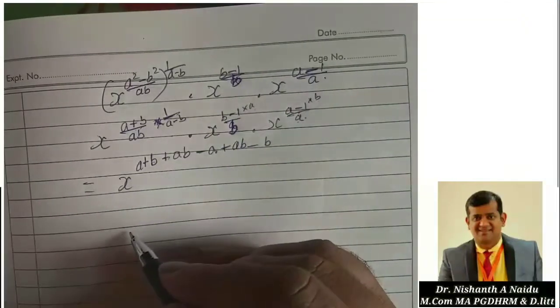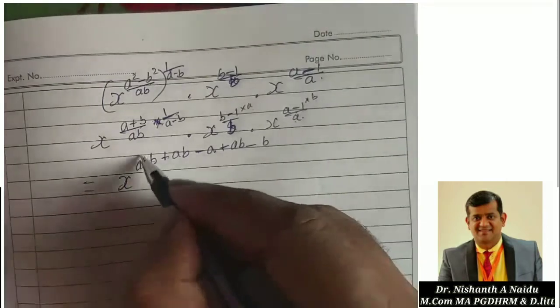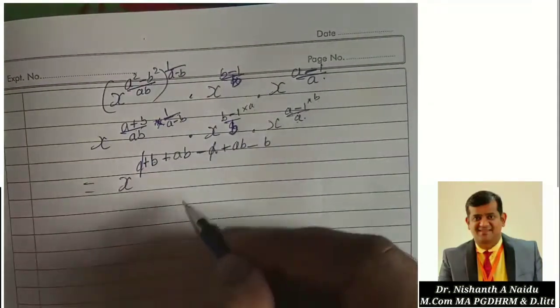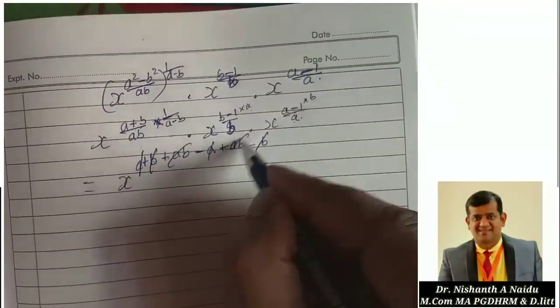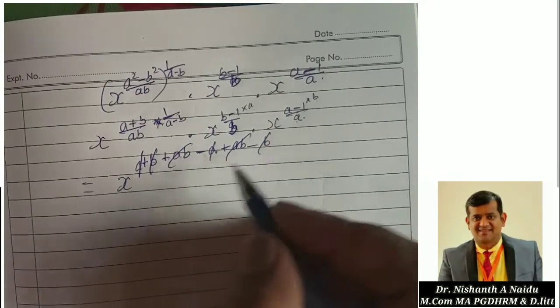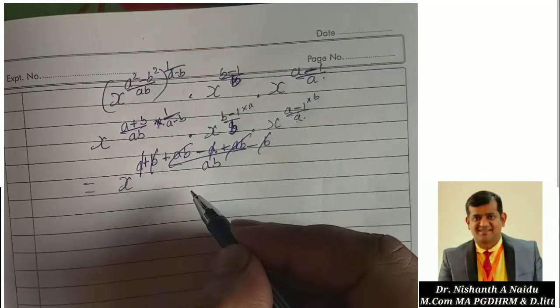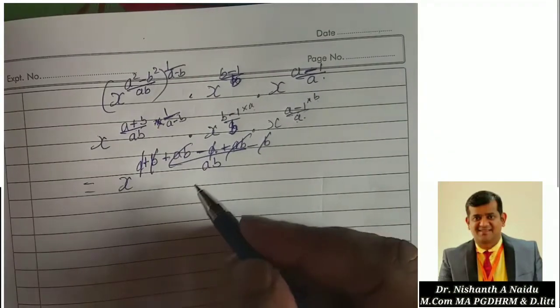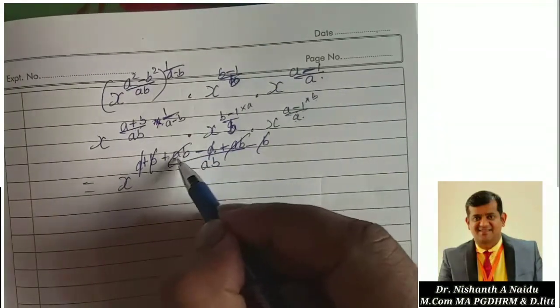Now just check which you can cancel and how you can cancel. See, plus A minus A got cancelled, plus B minus B got cancelled, plus AB plus AB got cancelled. So divided by AB remains here, divided by AB. Actually this AB plus, right? We cannot cancel this.